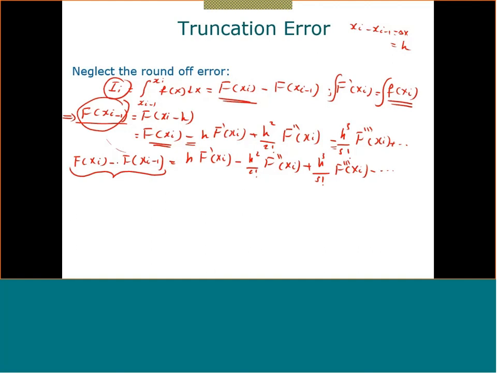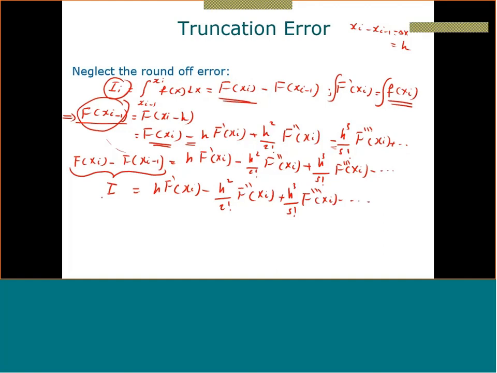So the integration itself is equal to all of this: h f prime of x_i minus h squared over 2 factorial f double prime of x_i plus h cubed over 3 factorial f triple prime of x_i minus, and so on and so forth. So now I defined the integration in terms of the derivatives of the original function.